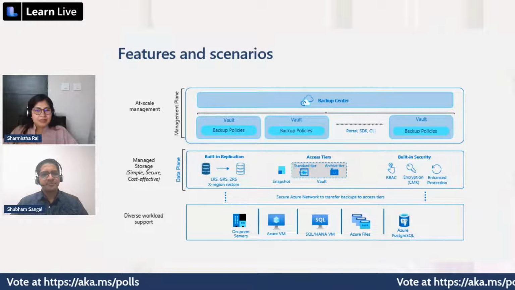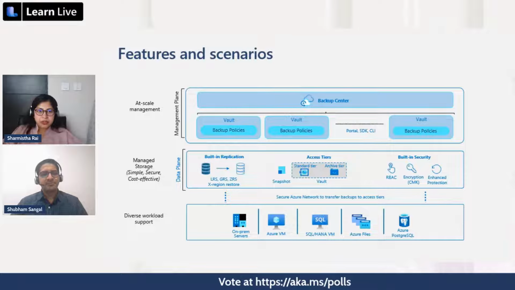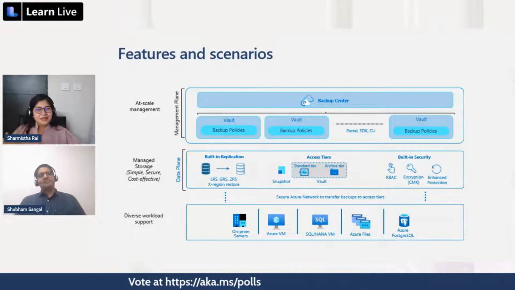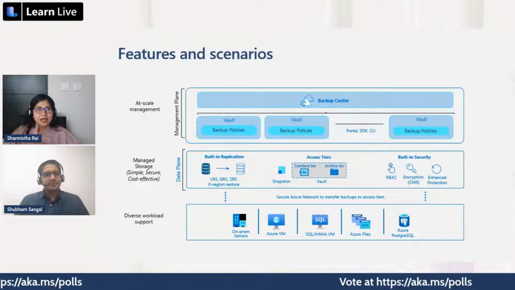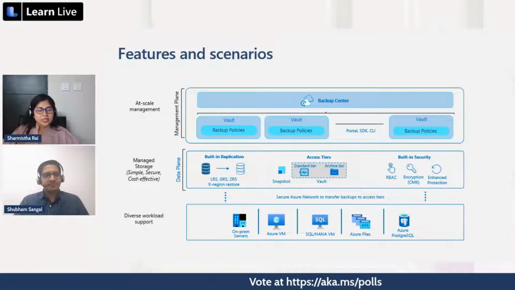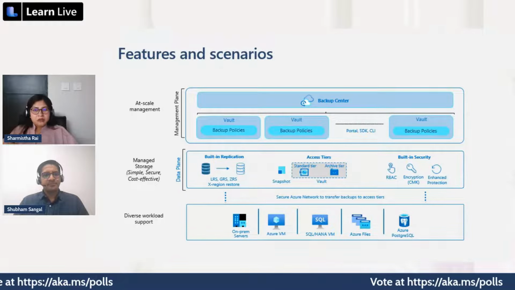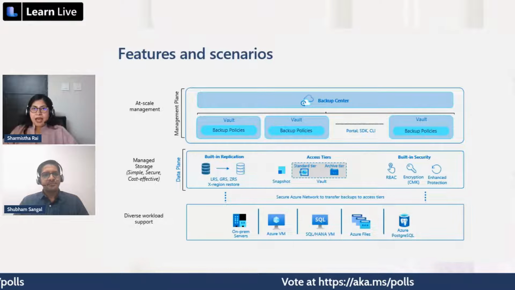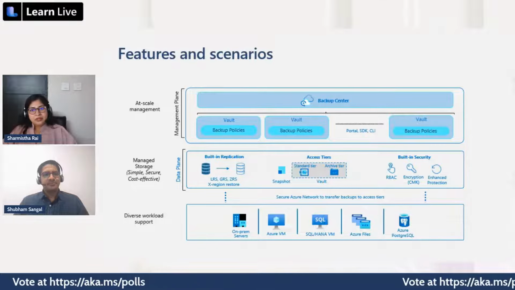So it's easier to manage, and then that's where backup center comes into the picture. Previously, we had various vaults, and the whole bifurcation was happening on the basis of vaults. But with the backup center coming into the picture, that bifurcation has also gone away. You can actually get an inventory of all your workloads at scale, and you can perform various kinds of audits and ensure that various reports are present for all your workloads.